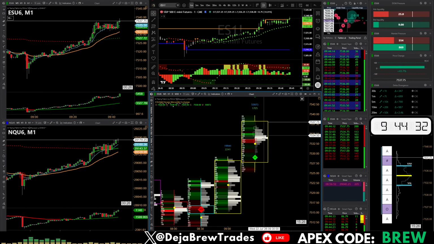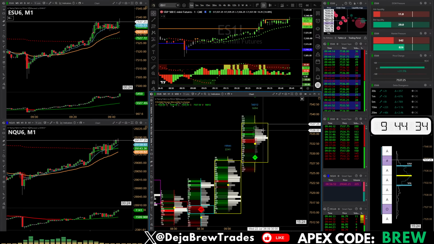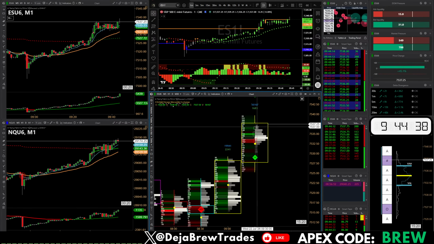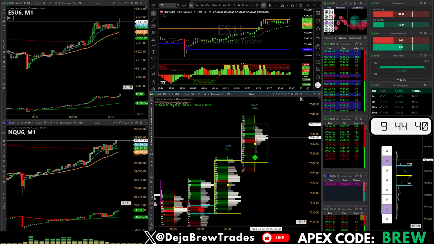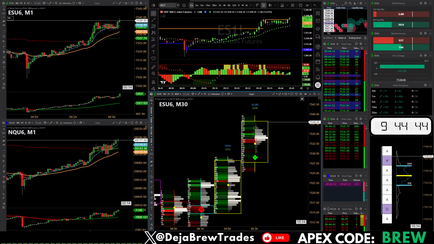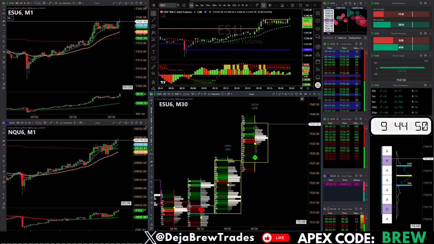Trying to stay above this 35. You can see the battle on that value high. They put in a node right on that value high, so they're trying to battle it and push above it. Delta is pretty good here to the upside, not terrible.